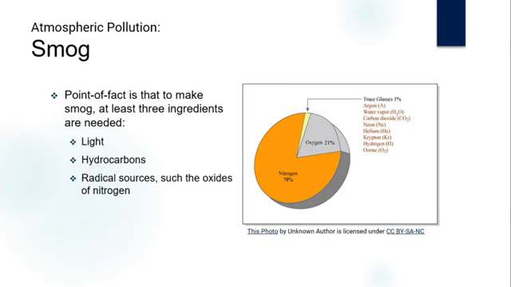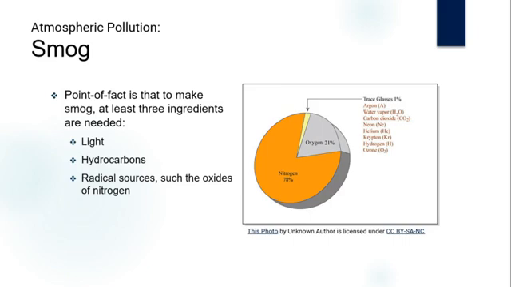Now, take note that the pollutants, the small part of that 1%, are the ones that have a large effect in harming organisms or causing large-scale pollution.